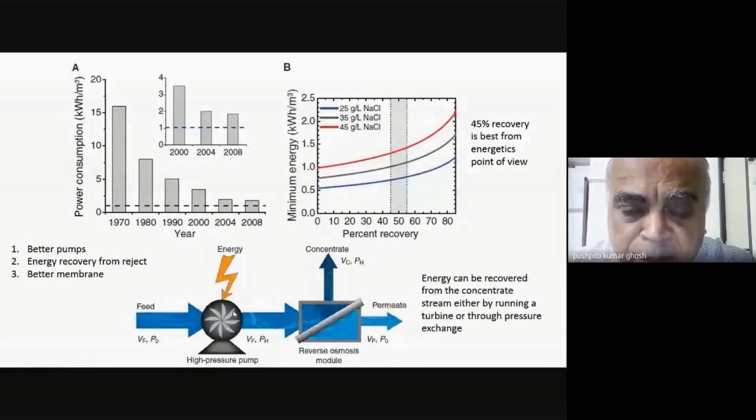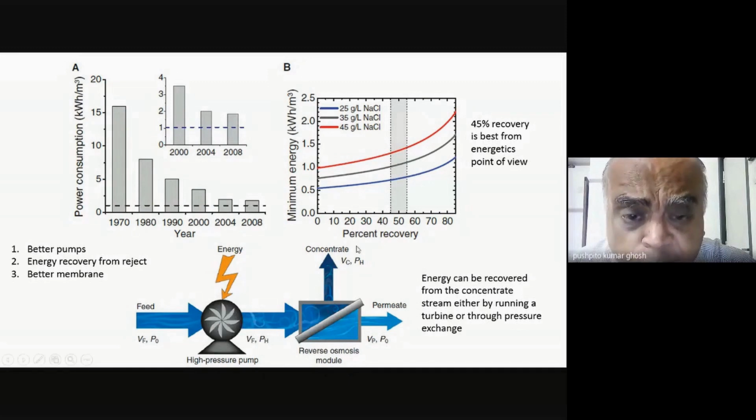The pressure in the concentrate can be exchanged with incoming feed water, so my feed water gets partially pressurized and my concentrate, which I have to discharge, gets depressurized. Quite similar to what we discussed when talking about heat exchangers for nitrogen-oxygen separation. That's how you always minimize the energy consumption in the process.